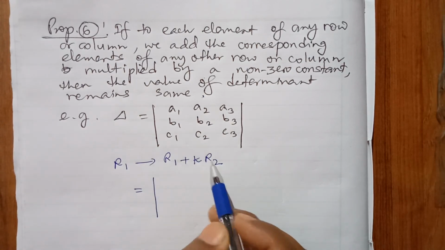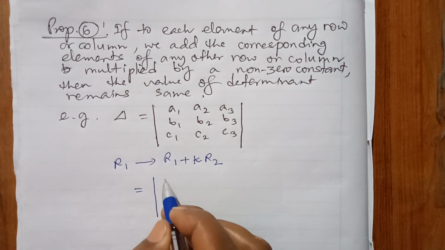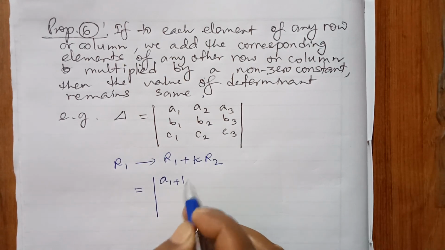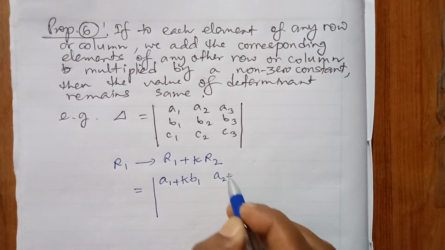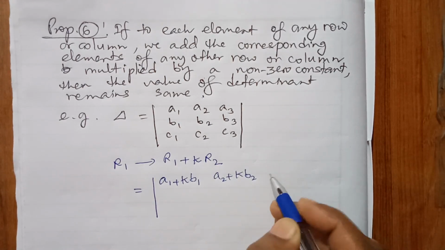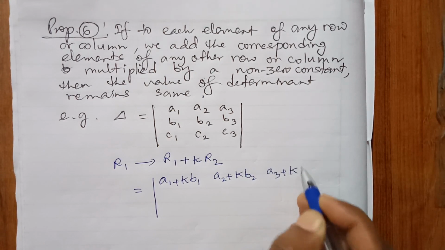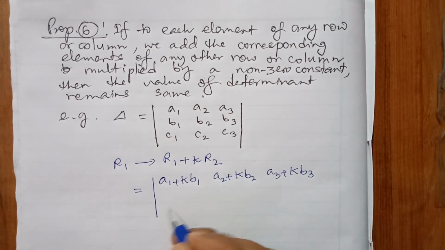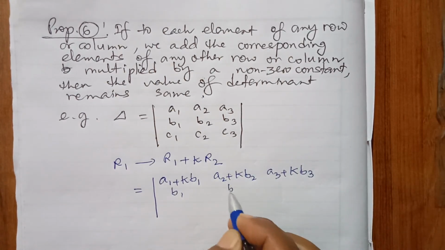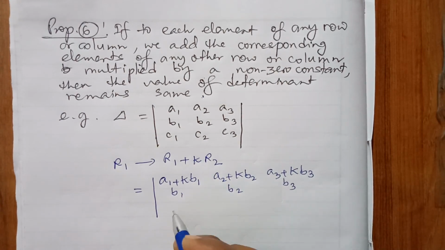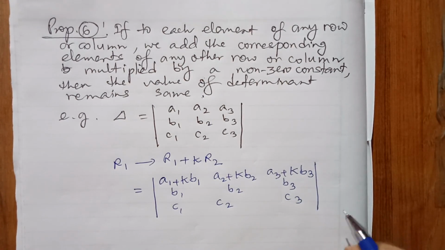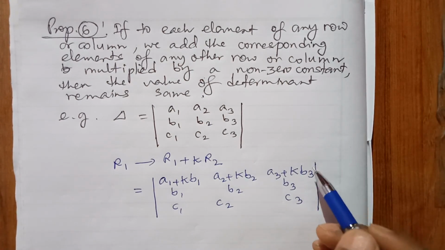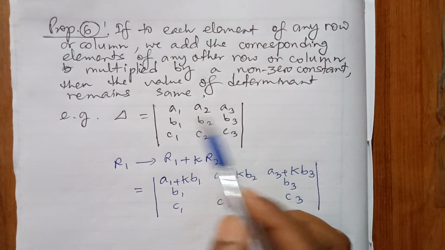Now if you apply this operation in the first row, the first row elements will be a1 plus k b1, a2 plus k b2, a3 plus k b3, and the second row and third row will be as they are, c1 c2 c3. So I am combining two rows and changing the elements of row 1.